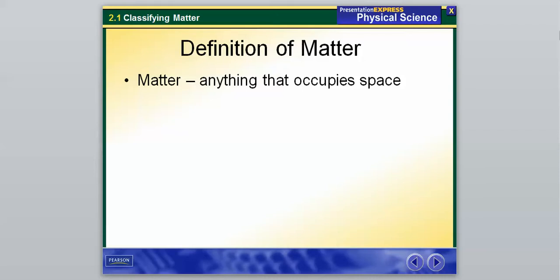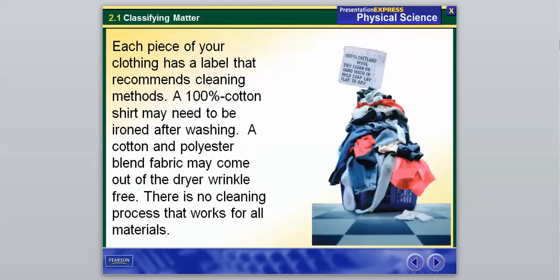To introduce us to this section, they always start off with a little example. The example they give us states that each piece of your clothing has a label that recommends cleaning methods. A 100% cotton shirt is made to be ironed after washing. A cotton and polyester blend fabric may come out of the dryer wrinkle-free. There is no cleaning process that works for all materials.